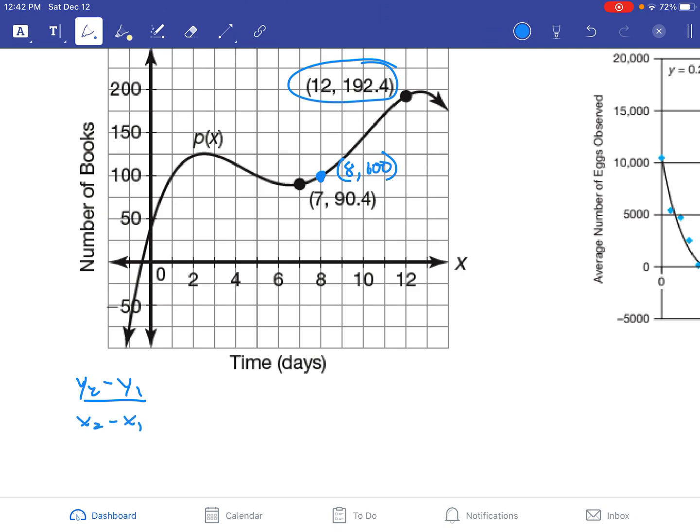For our y2, we're going to use 192 minus 100. That means x2 has to be 12 minus 8. All right, which gives us 92 over 4. 92 divided by 4 gives us 23.1.